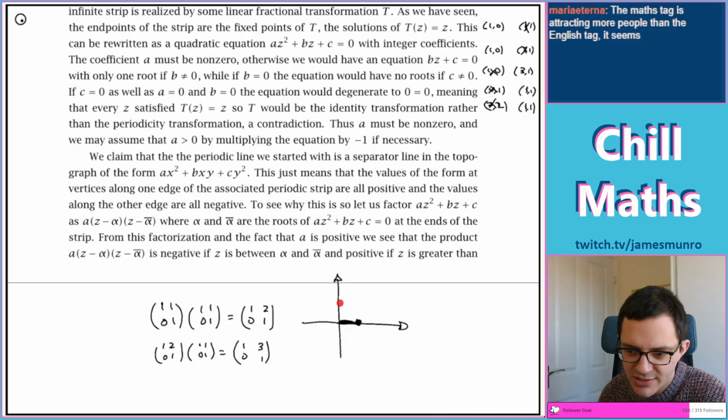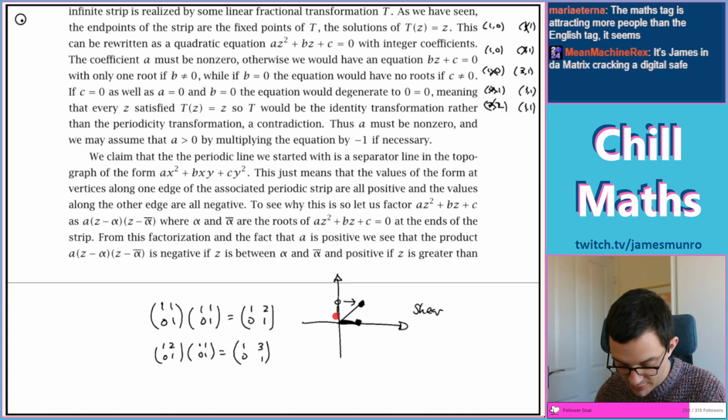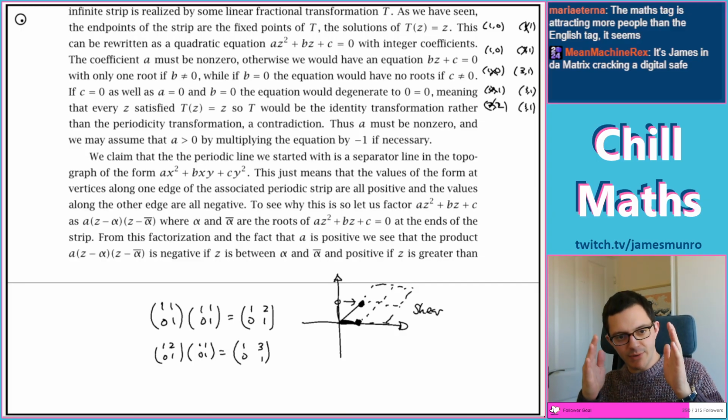But the basis vector 0, 1 gets mapped to 1, 1 over here. So it was here, and it gets mapped over here. So everything gets sheared, so that what was a square grid becomes this kind of diamond grid. Shear. So you've just taken a square grid and given it a shove, so that it's now diamonds.